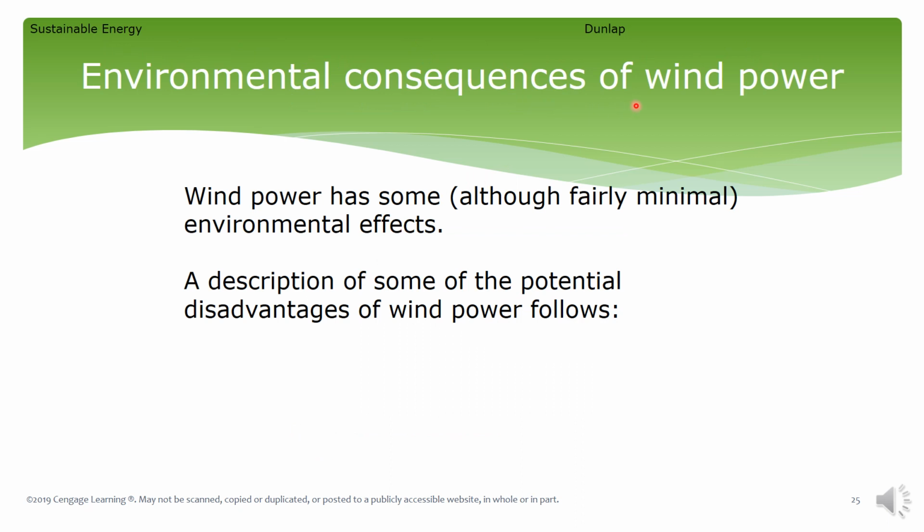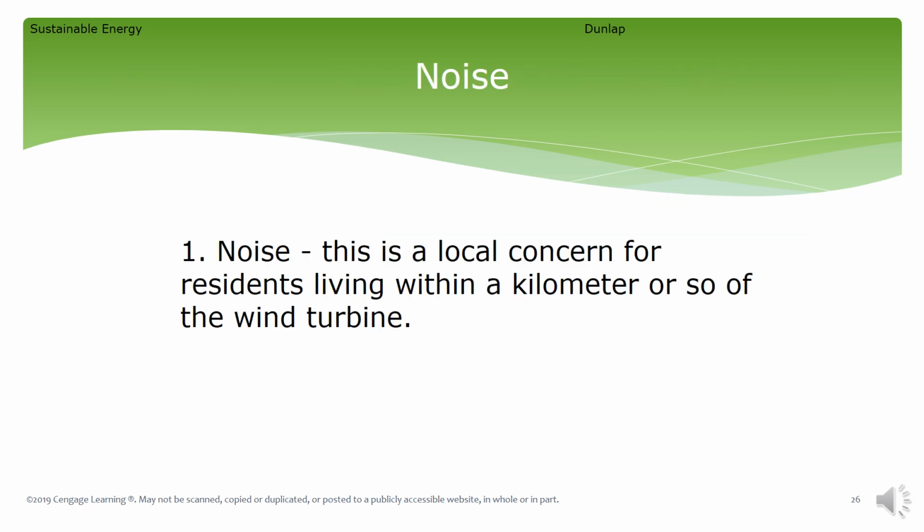Environmental consequences of wind power. Wind power has some, although fairly minimal, environmental effects. A description of some of the potential disadvantages of wind power is as follows. First, noise. This is a local concern for residents living within a kilometer or so of the wind turbine.